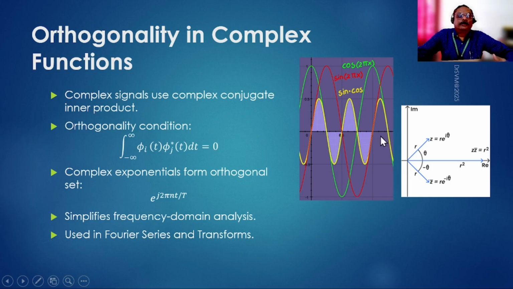So when we integrate from minus infinity to plus infinity, the positive and negative areas are always equal, and hence the net area under the curve is 0, because we know that cosine and sine are orthogonal to each other. In the same way, we have seen in the previous session that sine and another sine which are harmonically related are again orthogonal.